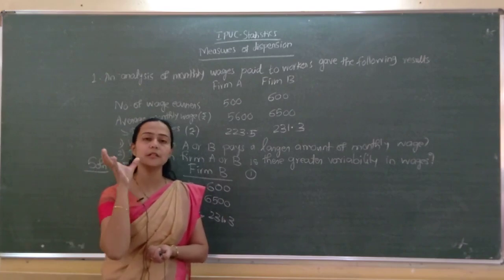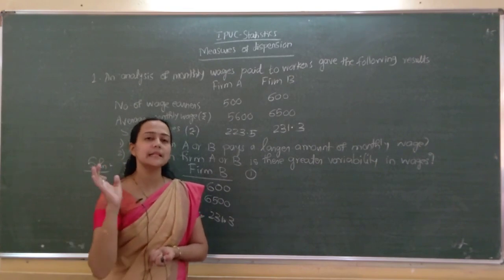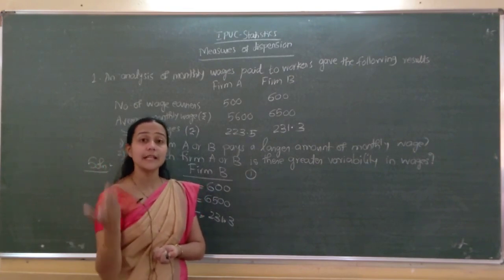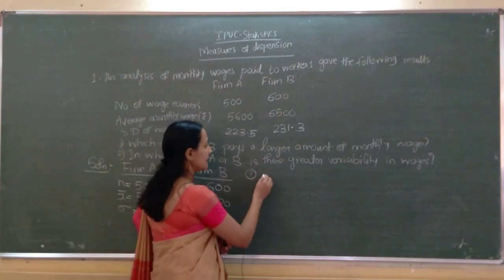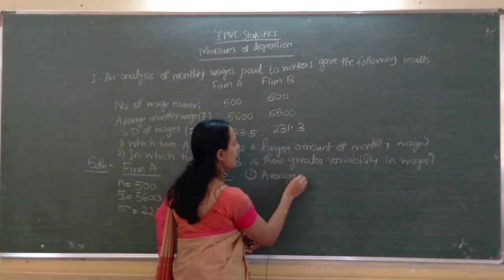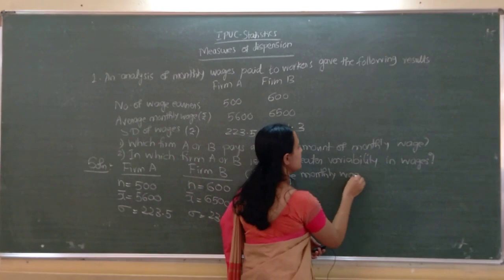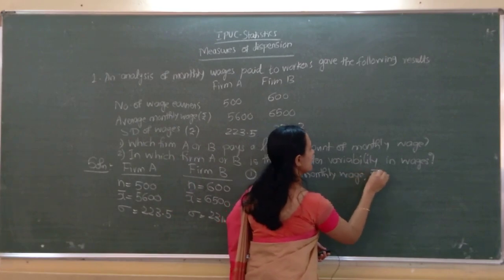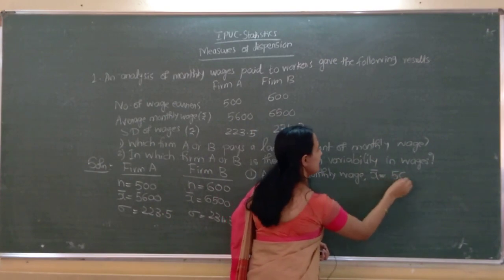We have to compute the total monthly wage of firm A, similarly the total monthly wage of firm B. Which one is more pays a larger amount. We know that average monthly wage X bar equals 5,600.